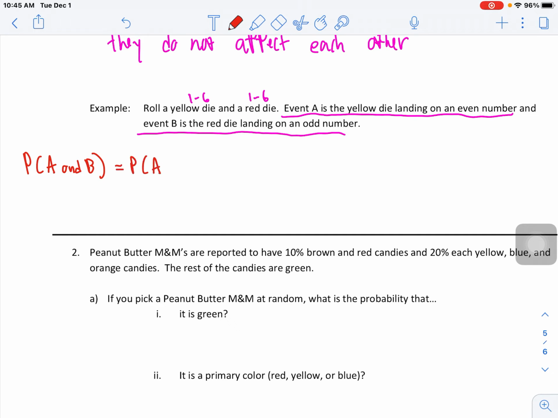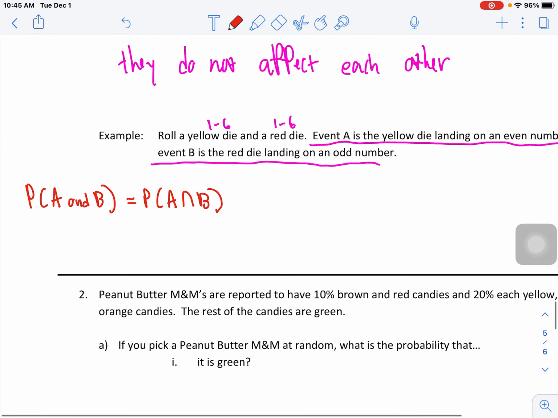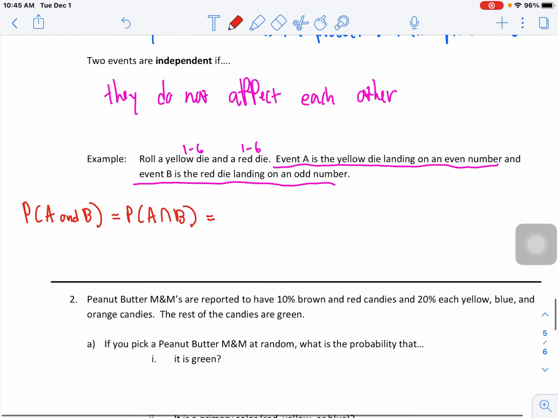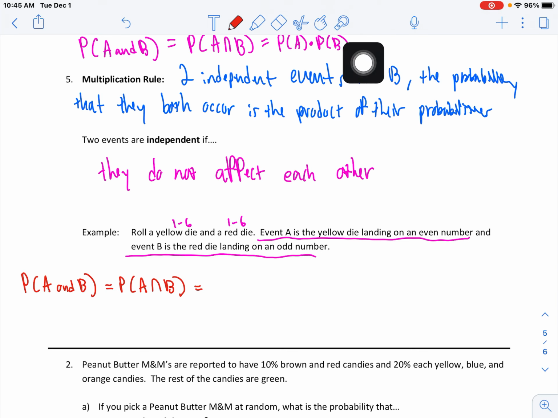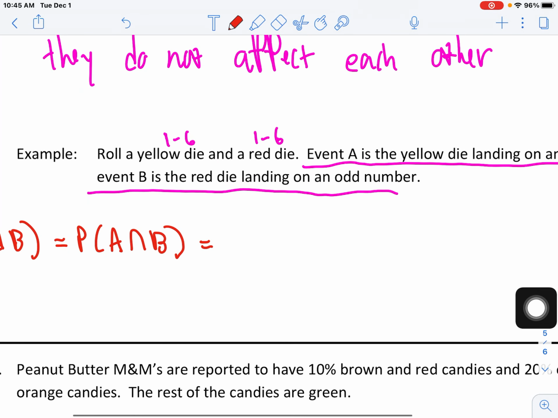Remember, when I say and, that's the intersection. Okay, so for the intersection, this is the product rule that I just told you. We just do probability of A times the probability of B. Okay, well, event A says that the yellow die needs to land on an even number.